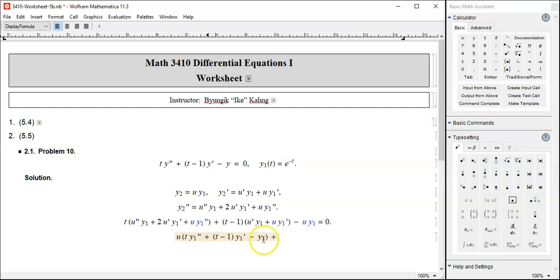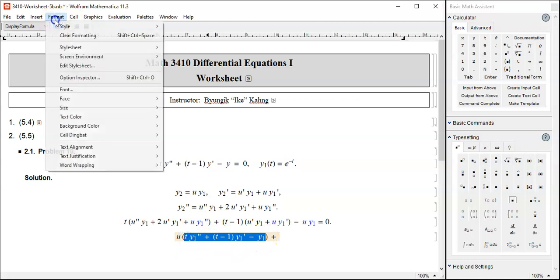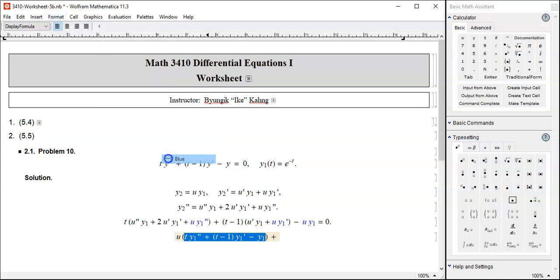Okay, so that took care of this blue part. And if you take a look at this part, that's equal to 0 because y1 is a solution of this equation, and you get precisely that. So this blue part will turn out to be 0.